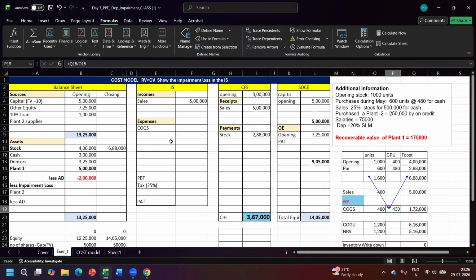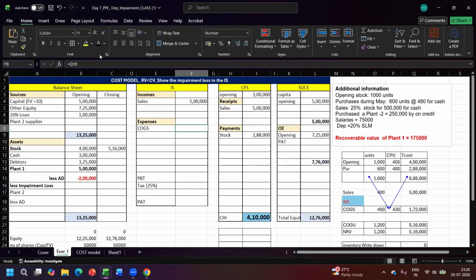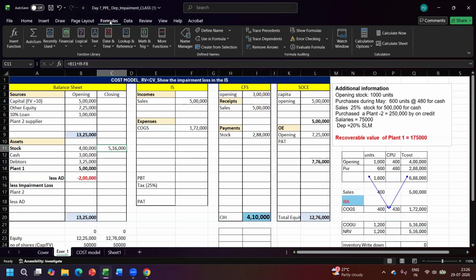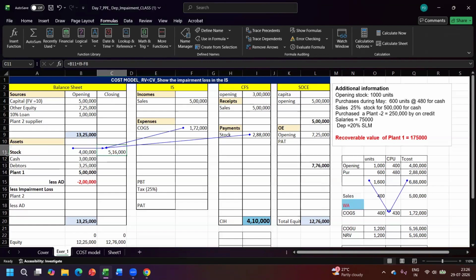So the cost of goods sold is equal to 430 into 400, so 172,000. So the value of inventory sold is 172,000, and the cost of unsold stock is 516,000. Its cost.